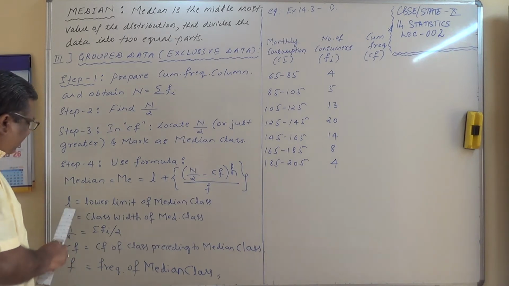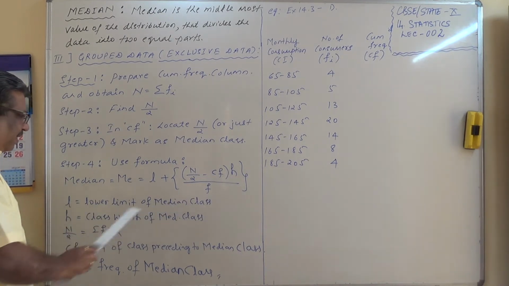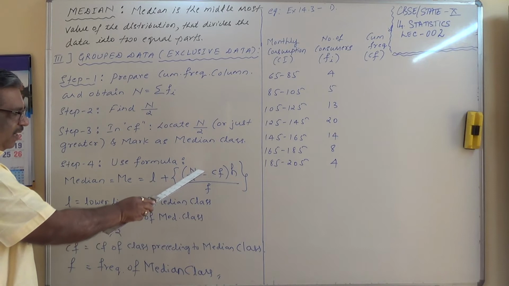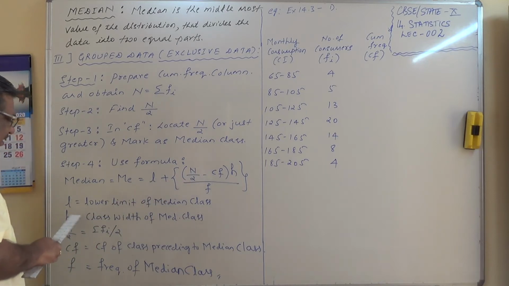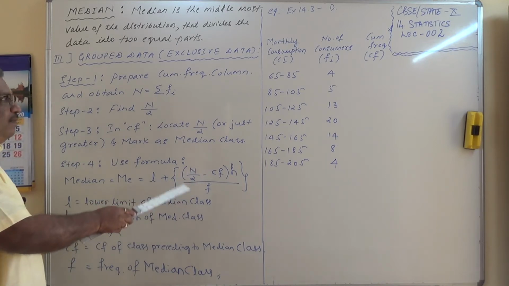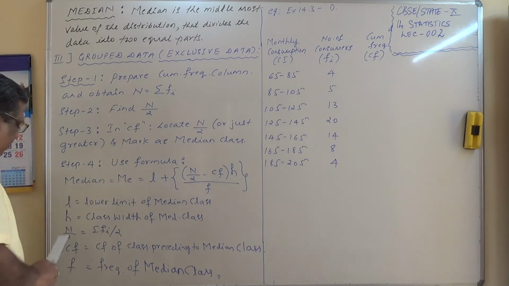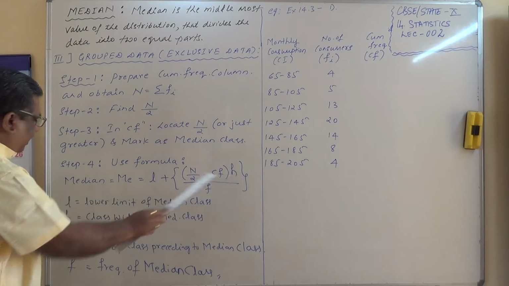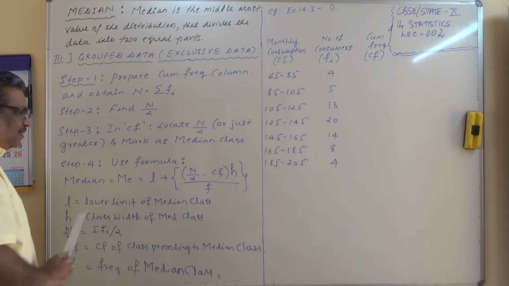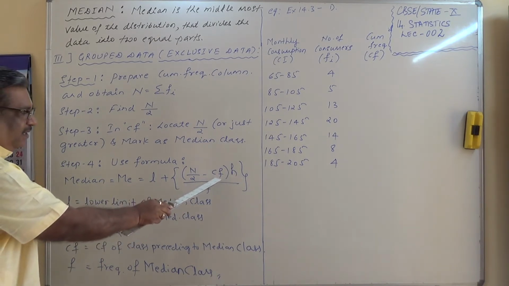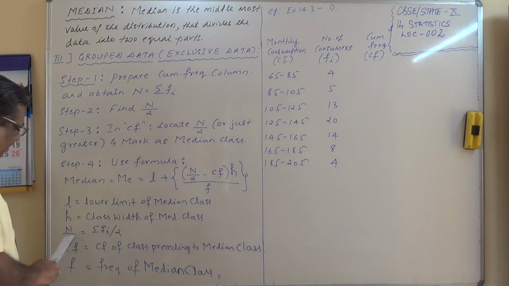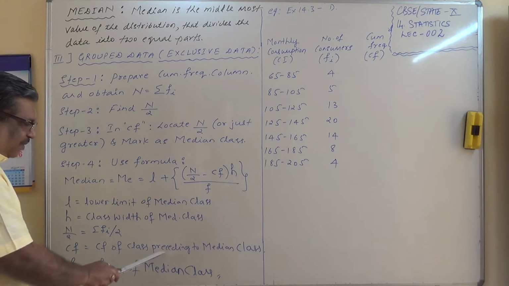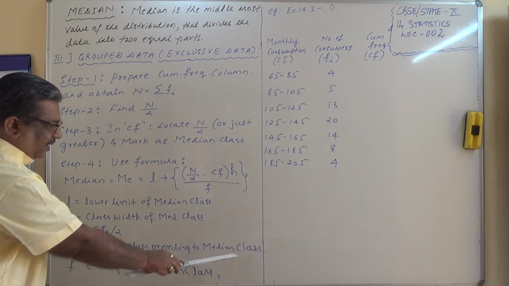Different parameters. Here l is the lower limit of the median class, and n by 2 we can calculate as it is: sigma fi divided by 2. Next is h, the class width of the median class. Then CF, this CF is very important. It is the CF of the class preceding the median class.